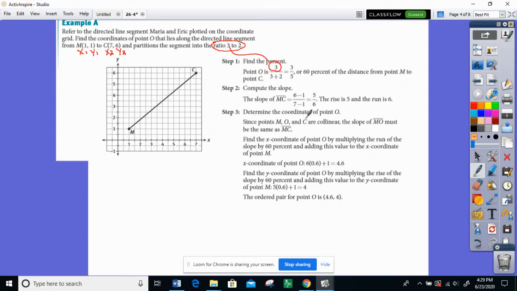So to put it all together and find the coordinates for point O, we know that points M, O, and C are collinear. So the slope of segment MO needs to be the same as the slope of segment MC. So we're going to find the x coordinate for point O by multiplying the run of the slope by 60% and adding this value to the x coordinate of point M, where we are starting.